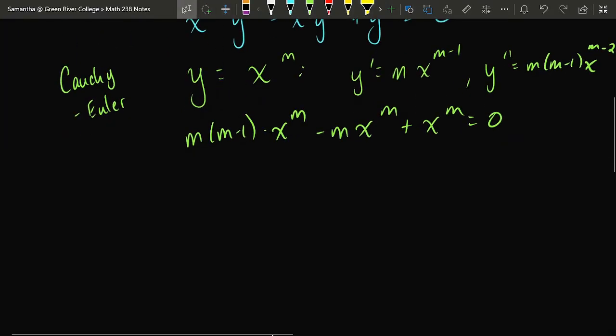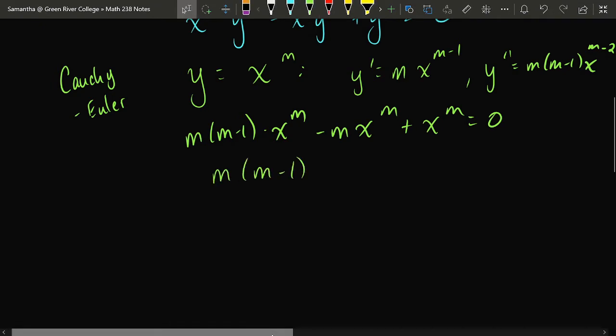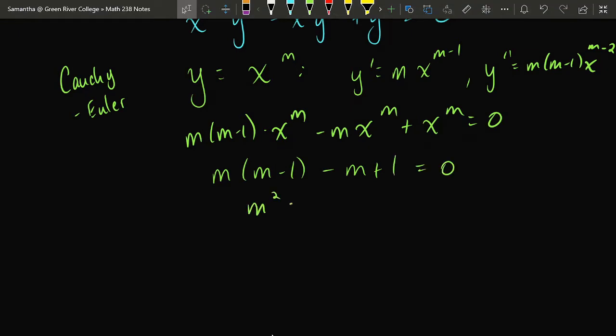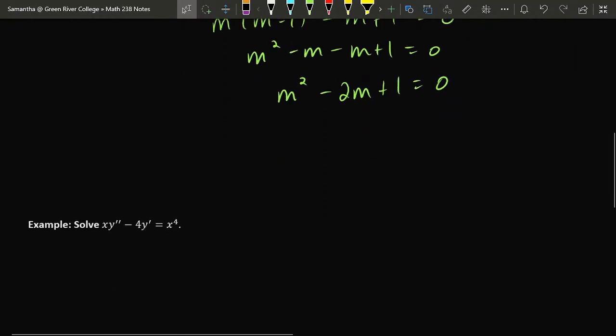And if I continue to simplify, dividing out the x to the m's, I get m times m minus 1 minus m plus 1 equals 0, which can be rewritten as m squared minus 2m plus 1 equals 0. So this splits as m minus 1, m minus 1.